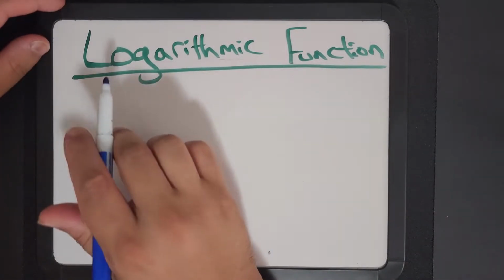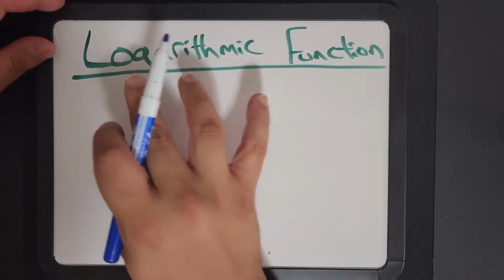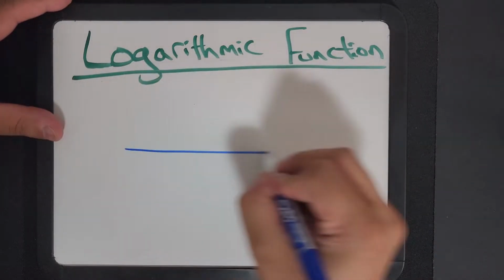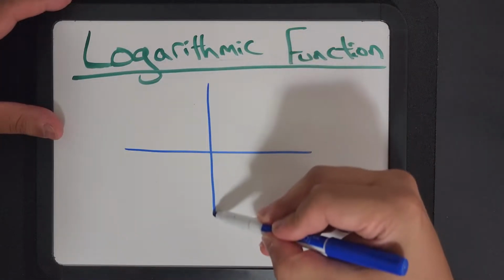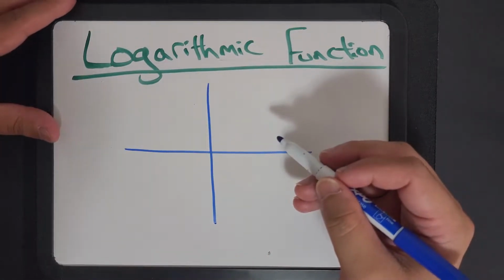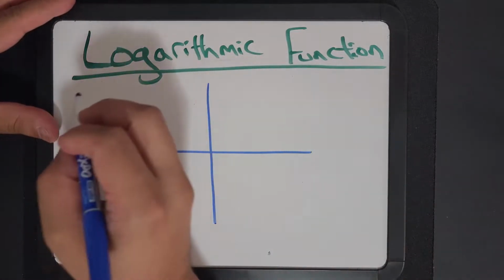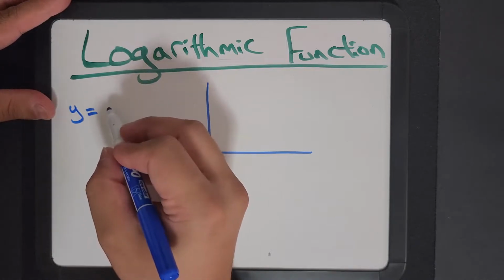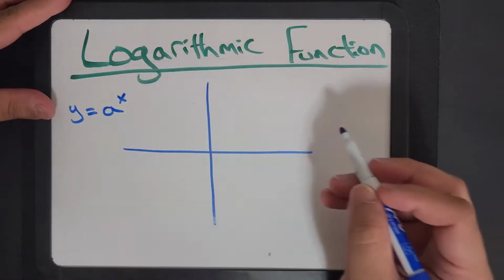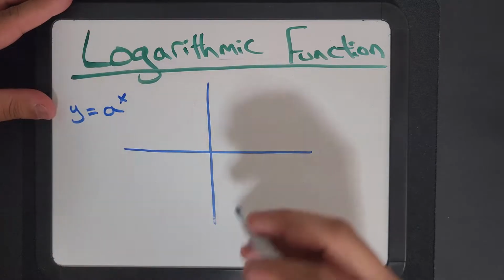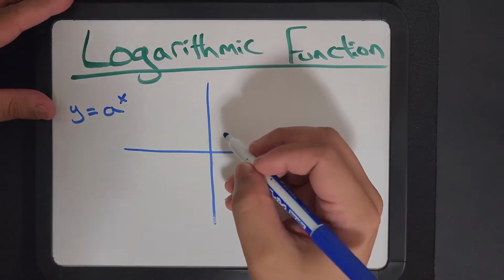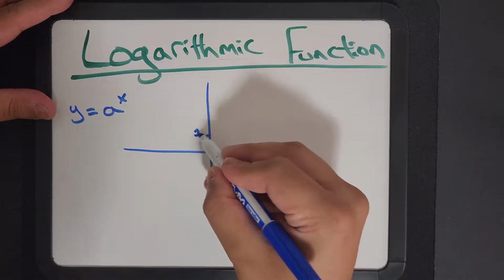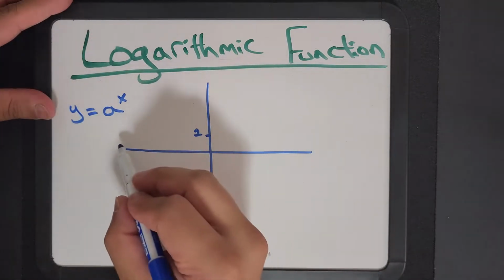In this video we're going to be doing the logarithmic function. To jump right into it, in the past we have done the exponential function y equals a to the power of x. Let's say this is a 1 on the y-axis.